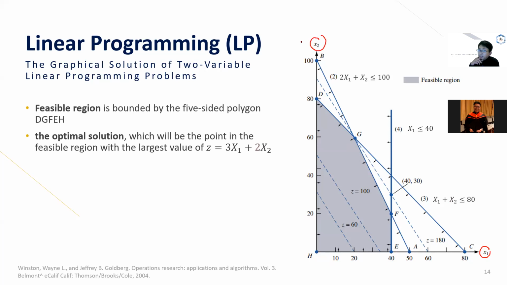And our job is to find the number of x1 and x2 that maximize the value of z, which represents the profit acquired by producing those x1 and x2.